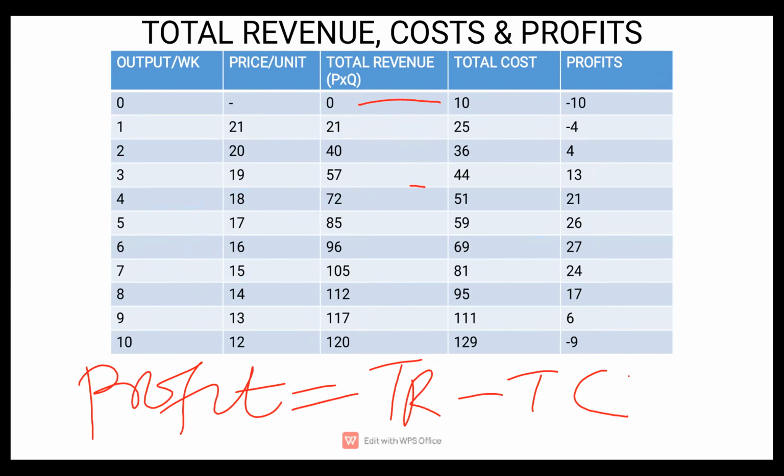So 0 minus 10, that's negative 10. 21 minus 25, negative 4. 40 minus 36, giving us 4. 30 minus that, 13. You get it? 85 minus 59, 26. You just continue like that. So that's how you find the total profit, because you're basically subtracting total costs from the total revenue to get profit.